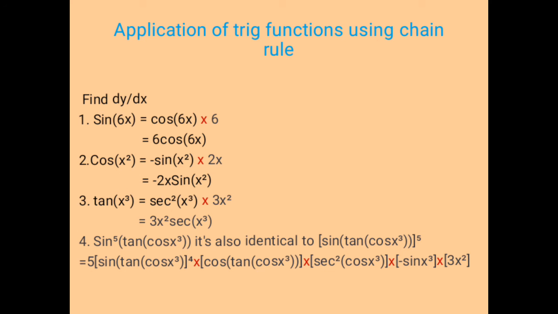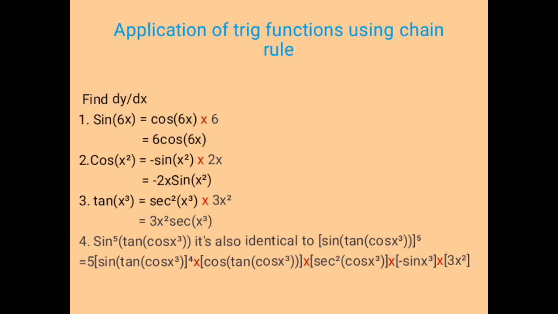When you differentiate x squared, you have 2x, and our final answer will be minus 2x times sine x squared. Remember I said wherever you see an x written in red ink, it means times.